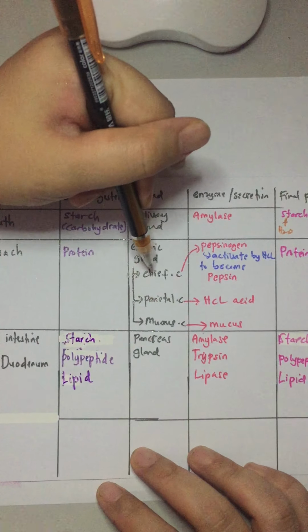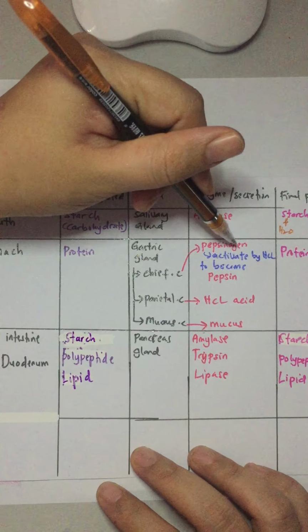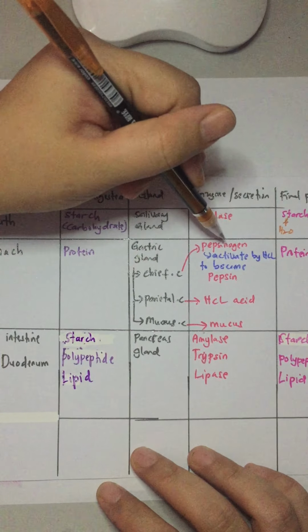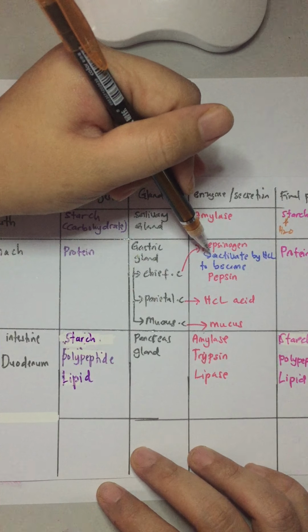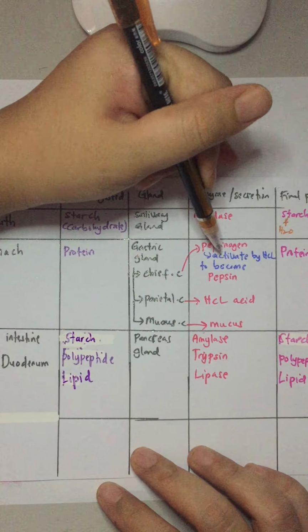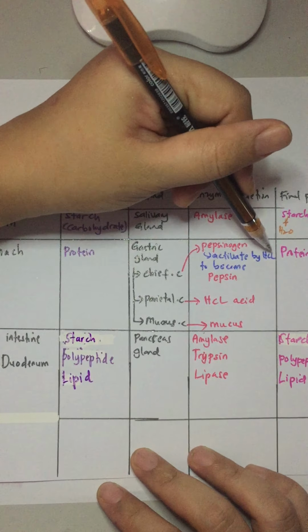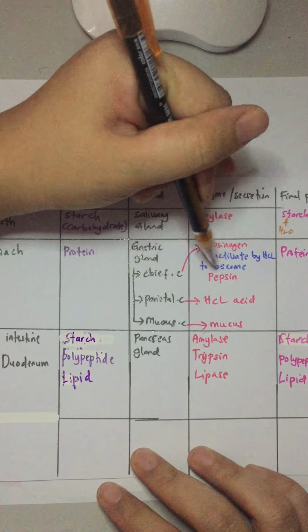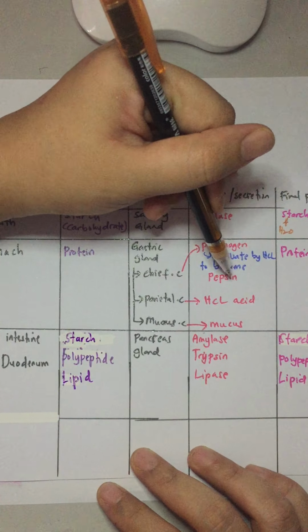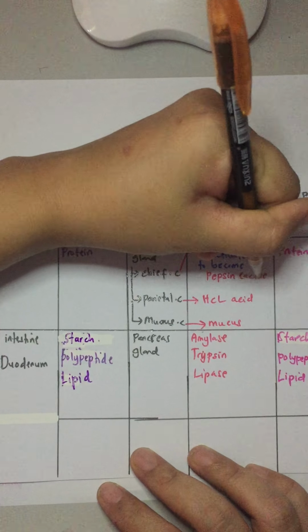Okay, so chief cell secretes pepsinogen. This pepsinogen is an inactive enzyme, but this pepsinogen will be activated by HCl, hydrochloric acid, to become pepsin. So pepsin is an active enzyme.